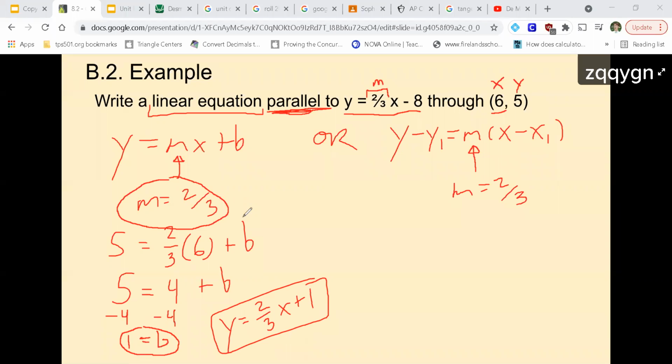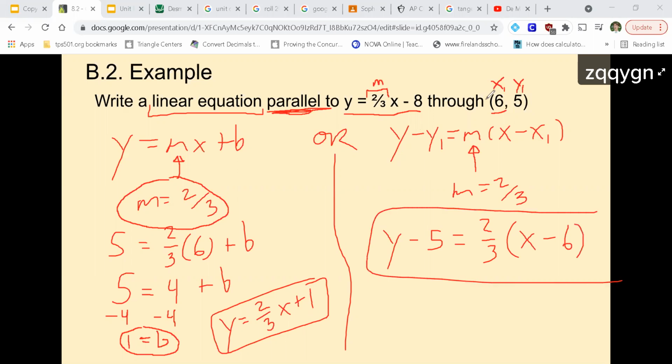For the other method, if you're okay with writing your answer in point-slope form, then this is x1, this is y1, and we're ready to plug in. The answer is y minus, my first y value is 5, equals 2/3 times x minus, my first x value is 6. That problem is done.